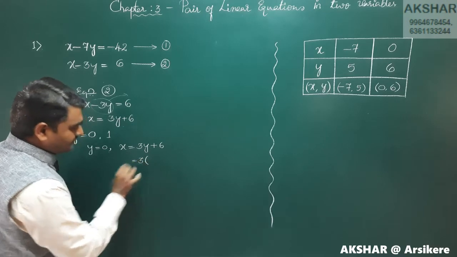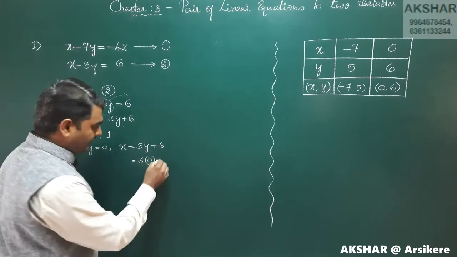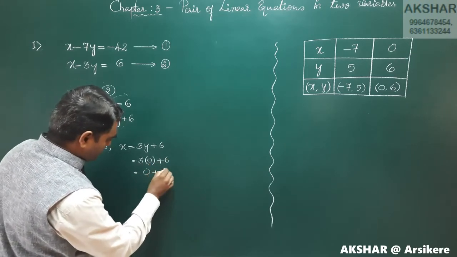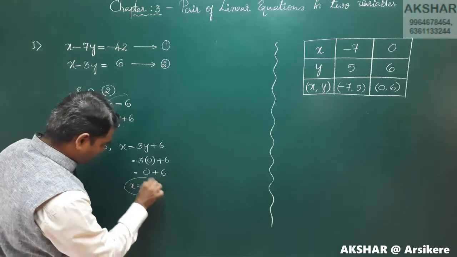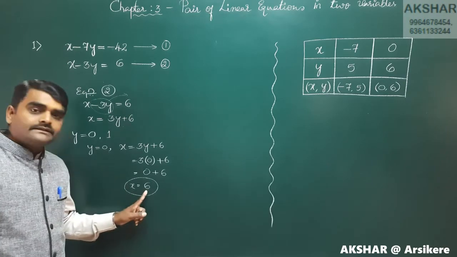Substitute 0 in the place of y: 3 zeros are 0, plus 6. So x is equal to what? 6 only. If y is 0, then x is 6.